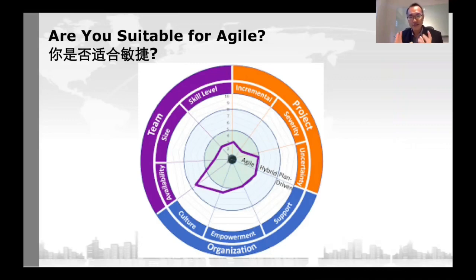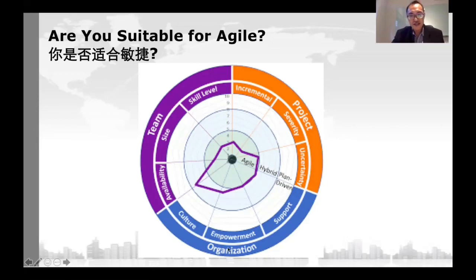Do you have certain uncertainty, that you don't really quite know what the end thing is all about, or the customers may not know? So that's the project. Again, it's a response to the changes that could be out there. That's what Agile is. If everything is very stable and predictable, there is no need to go for Agile, right? So we are not saying that it is a better way of doing things. So let's be clear about that.